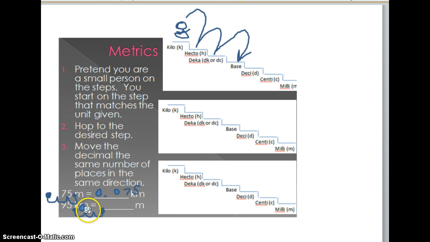And then I am going to rewrite my number in order to show the new place where the decimal is. And so my final answer is 95,000 meters. So 95,000 meters is the same as 95 kilometers.